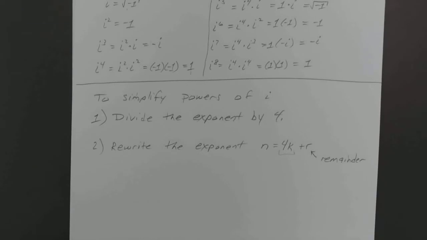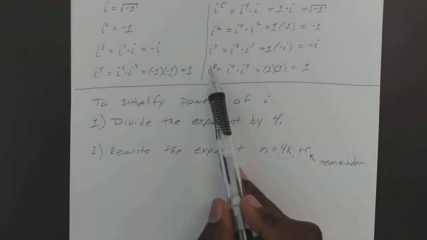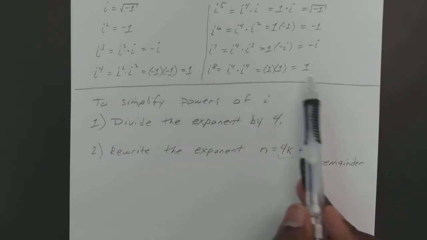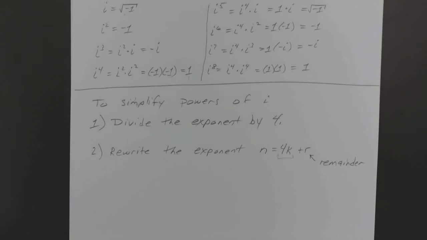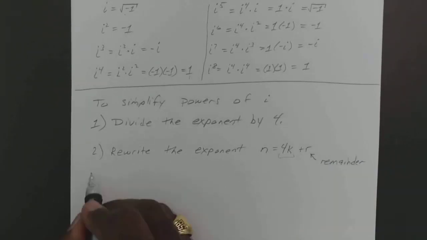Okay. Now when you do that, your actual 4k, because remember, I to the 4 times anything is just going to give you 1. Here, 4 to the first gave you 1. 4 times 2 gives you 1. 4 times 3 will give you 1. So no matter what number you multiply times 4, that exponent is going to give you 1.